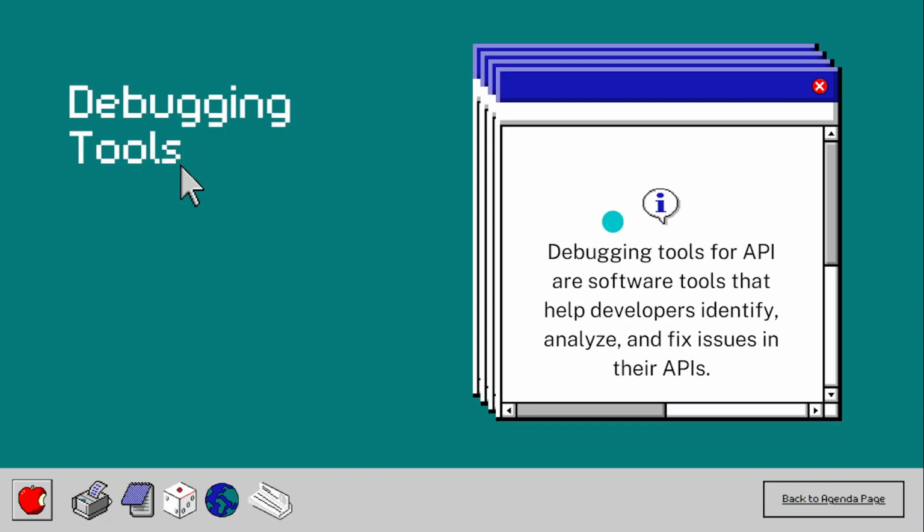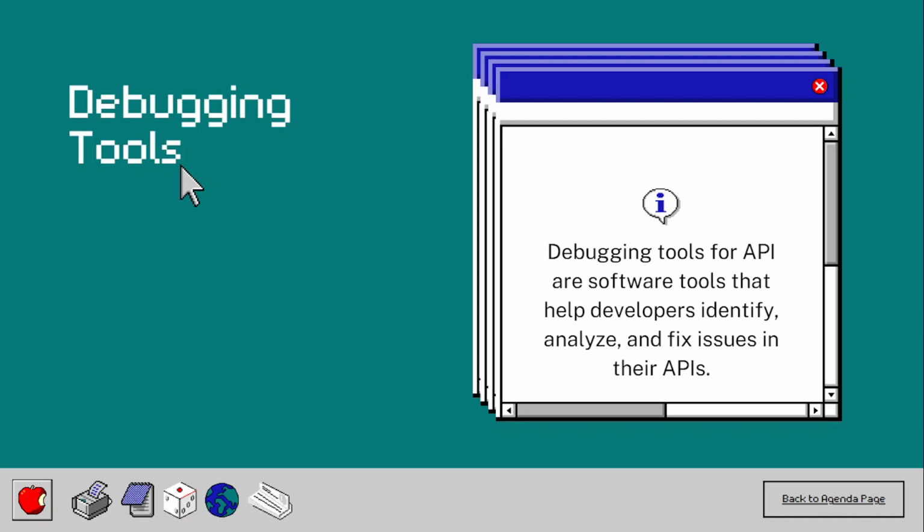Next, for practices for API is to use debugging tools. This is the main point here, because debugging tools for API are software tools that help developers identify, analyze, and fix issues in their APIs.